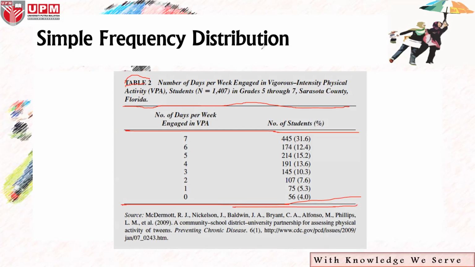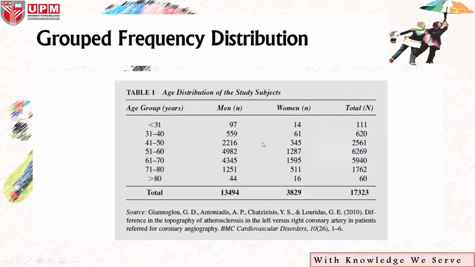Okay, ini adalah format yang kita guna. And then in terms of spacing, all tables must be single spacing. When you prepare the report for this class as well as for your final year project paper, the table should be single spacing. Okay. This is example for group frequency distribution.